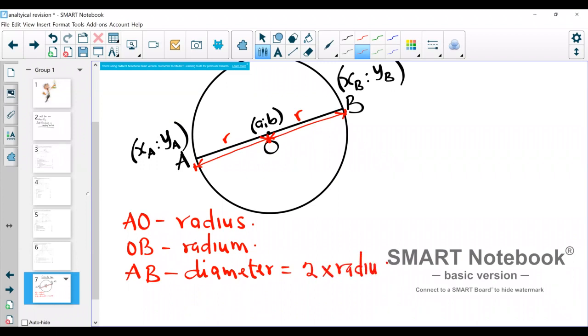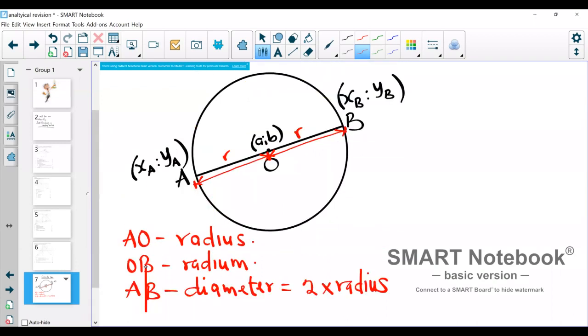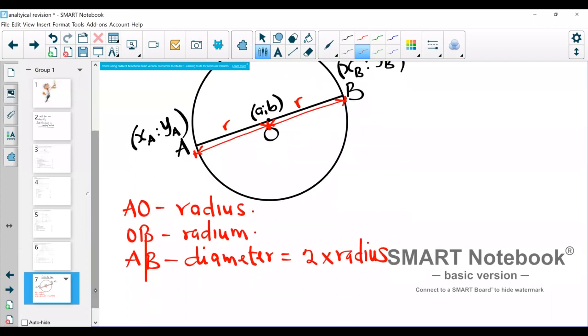Now, this is a very fundamental information that we need to know. Therefore, can I say that O, the coordinate of O, is the midpoint of AB.